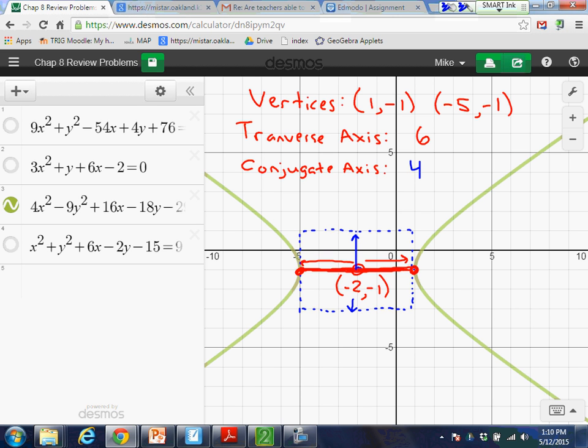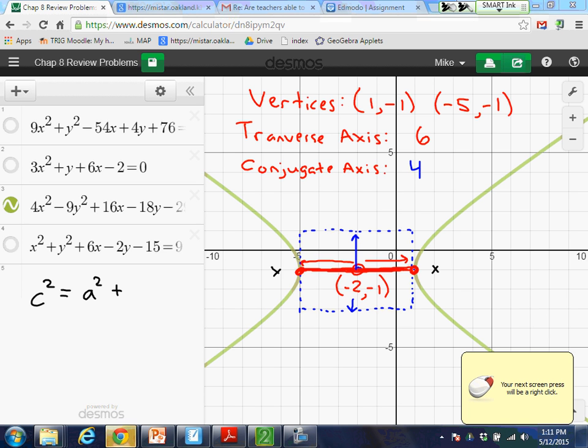Okay, and then the last thing we need here was foci. So the foci in this case, they're actually going to be somewhere outside of the hyperbola, kind of inside the branches themselves. So in this case, it's the c value that's larger than both the other values. So the equation is going to be c squared equals a squared plus b squared.